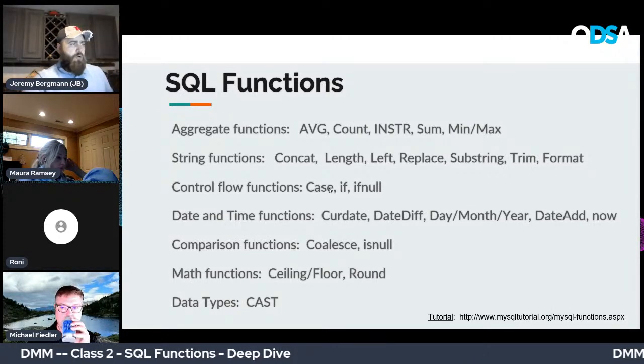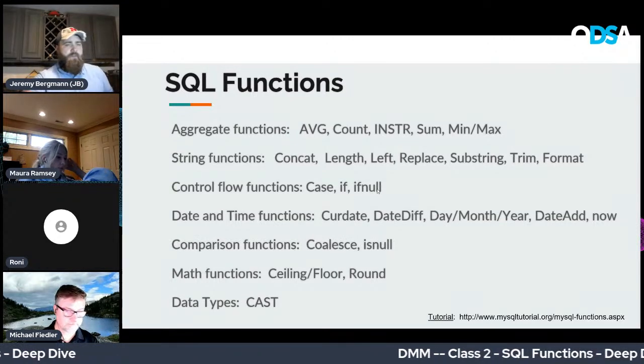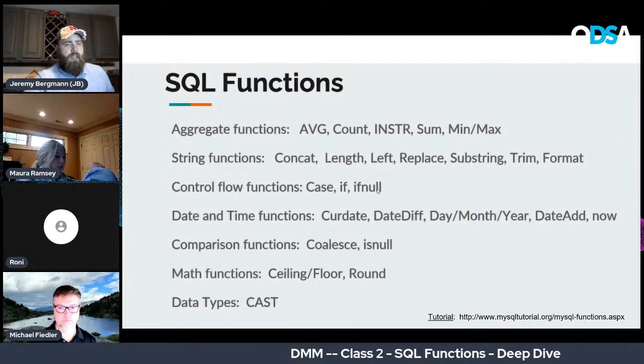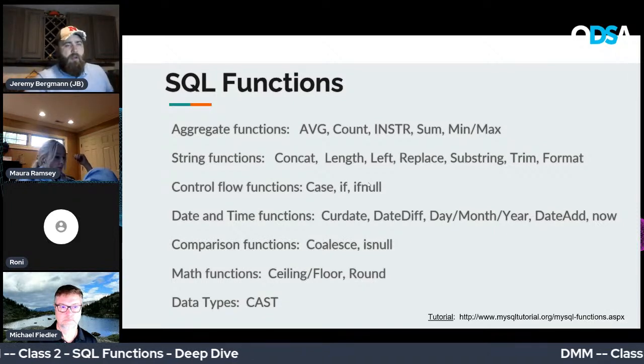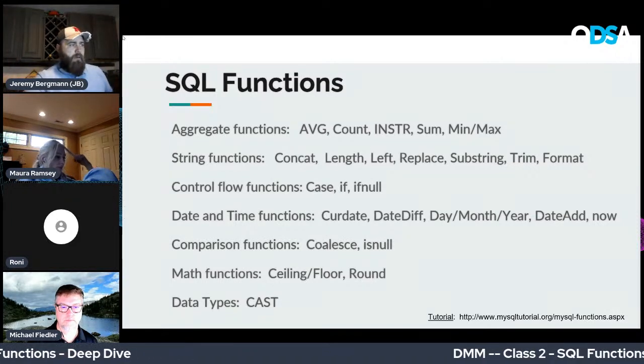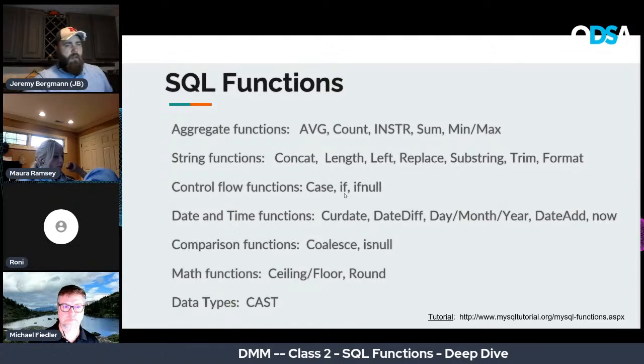Then control flow functions, say IF and IFNULL. You think about them as purely a function where you say IF and wrap them in parentheses, and then you'll have 3 different parameters. You'll have your condition.